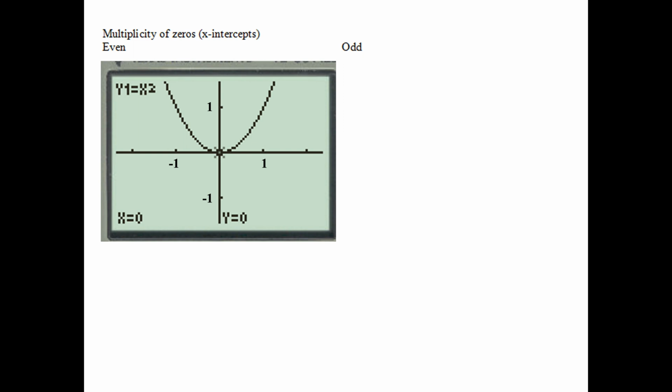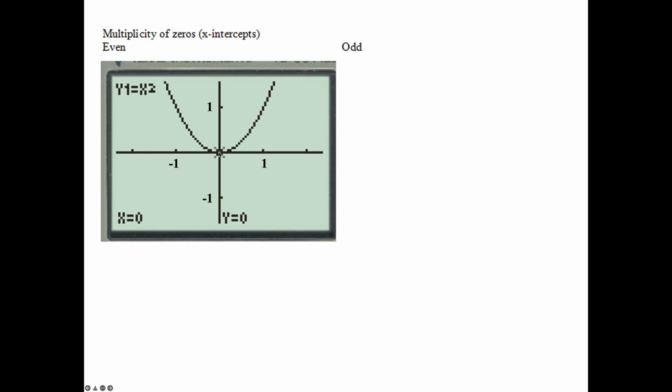If you look at x squared, and I know I've blown this up a bit, but it almost looks as if I come down from the left and I just touch the x-axis and I head back up. I really don't cross the x-axis. I just touch it and go back up. And it looks like you kind of flatten out here with these little square pixels on the graph.